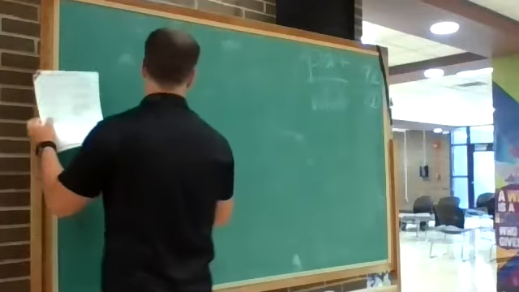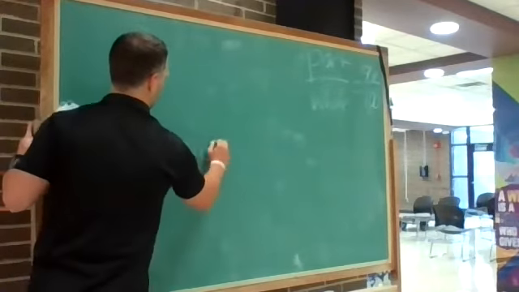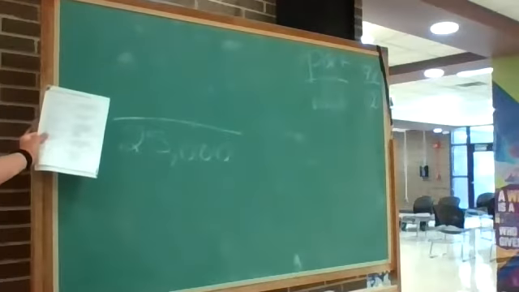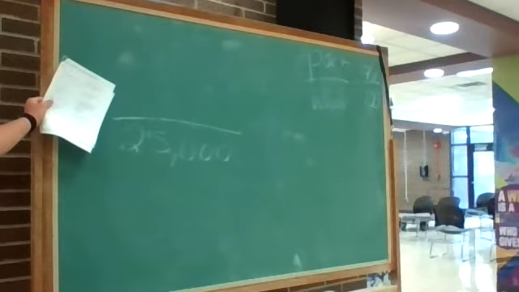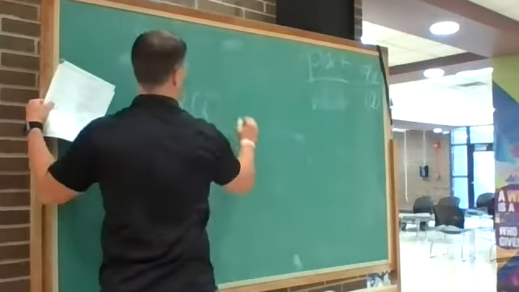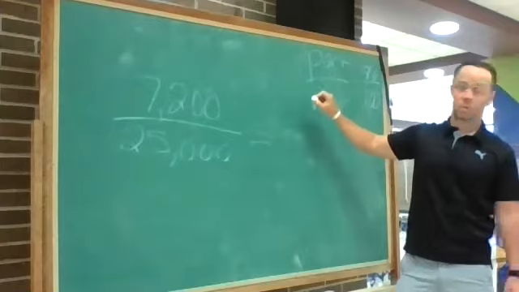So how much does she make a year? $25,000. How much does she pay on rent? A month. So how much does she pay per year? Is it 7,200? Yeah. And that equals, we're looking for percent, right?